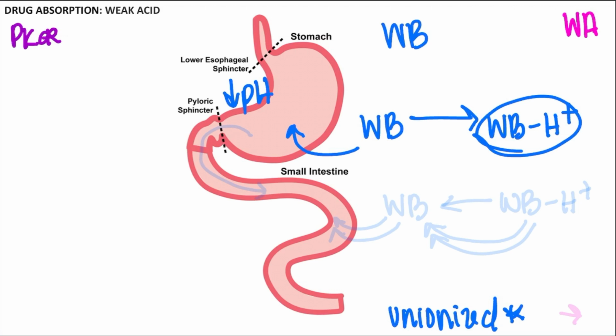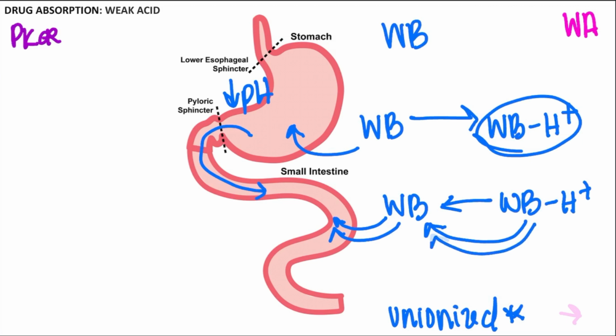But that is fine because once it travels to the small intestines, where it reaches a more basic environment, it will mostly be unionized, where it can be absorbed readily, and then more will continue to shift to being unionized, continue to be absorbed, and it'll be this sort of cyclical process, further propagating drug absorption.